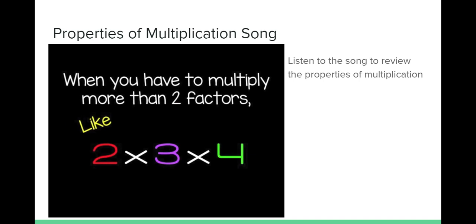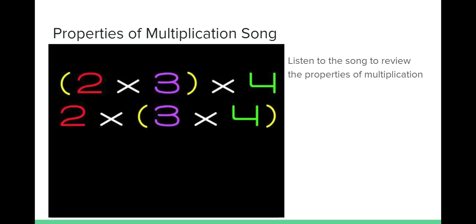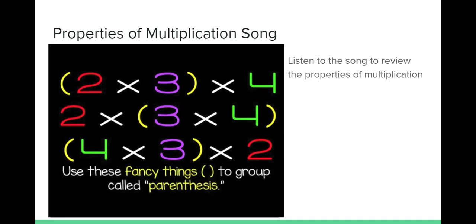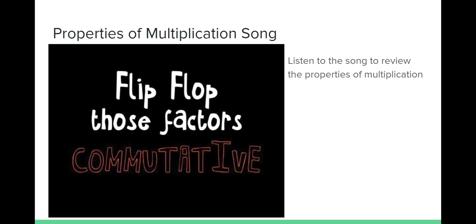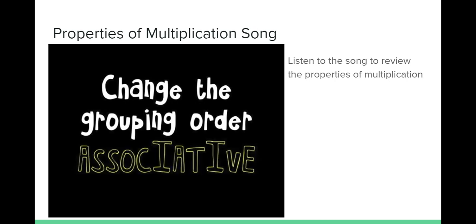When you have to multiply more than two factors, like 2 times 3 times 4, where do you start? It doesn't matter. 2 times 3 or 3 times 4, switch it up and group 4 times 3. Use these fancy things a group called parentheses. Flip-flop those factors, commutative. Change the group in order, associative.